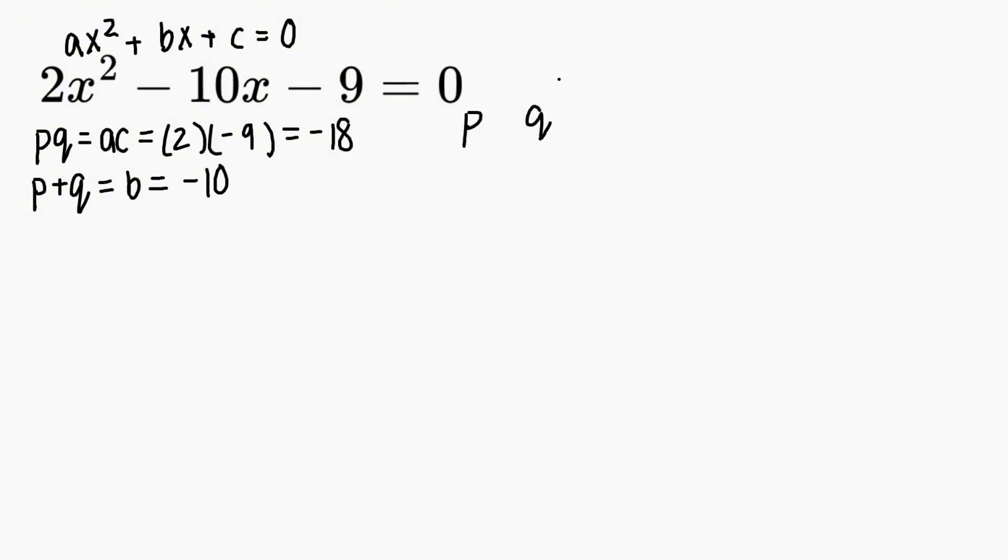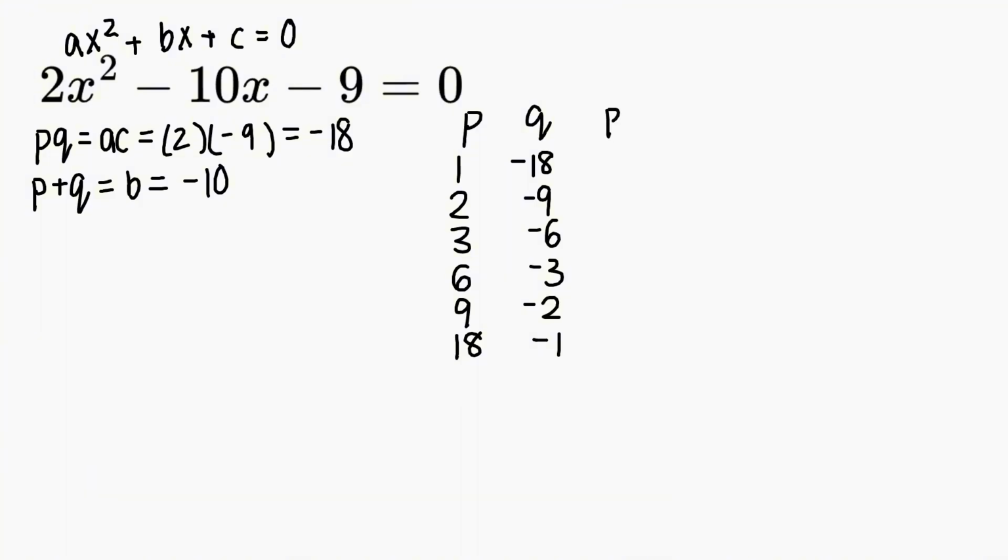Let's look for the potential p and q. We wanted to multiply to -18. We can do 1, -18, 2, -9, 3, -6, 6, -3, 9, -2, 18, -1.